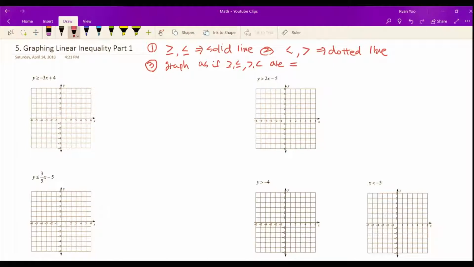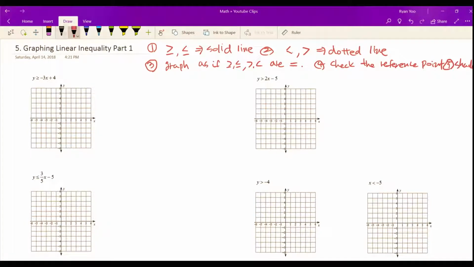So you're actually graphing a linear function. And number four, make sure that you check the point, check the reference point, R-E-F-E-R-E-N-C-E, reference point. And number five, and finally, we are going to shade.